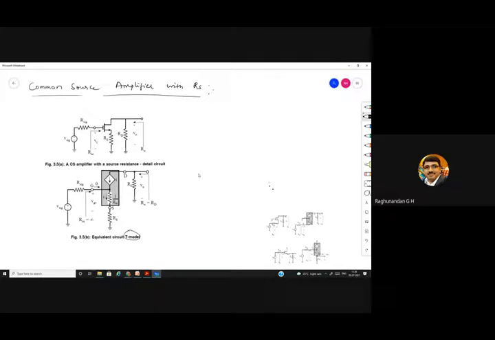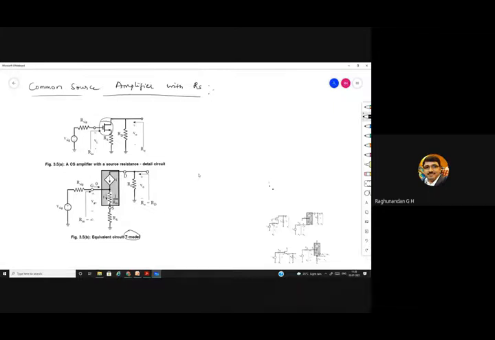Now, first we will be writing the equivalent circuit for the MOSFET. This is the MOSFET's equivalent circuit when RS is connected.